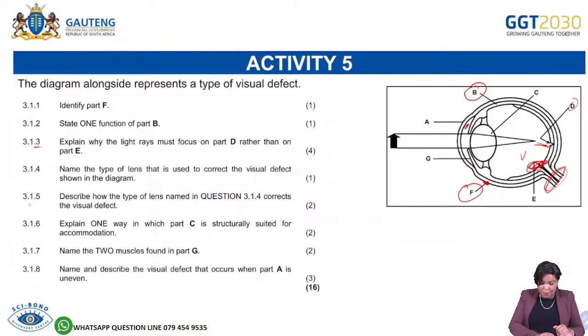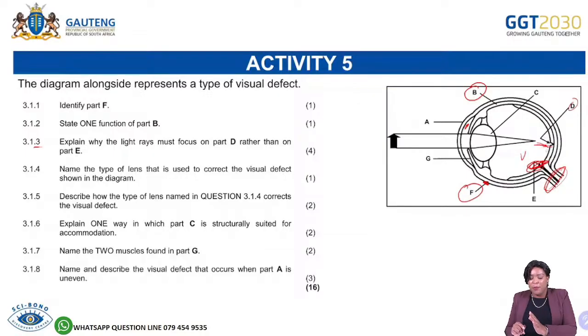3.1.4. Name the type of lens that is used to correct the visual defect shown in the diagram. You studied this. The light rays here are just reaching up to the middle. They are not going further into the retina to reach the yellow spot.